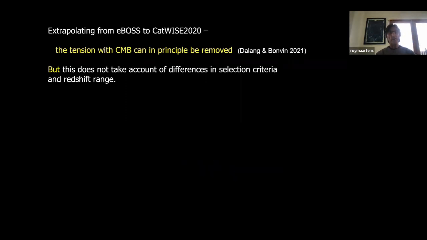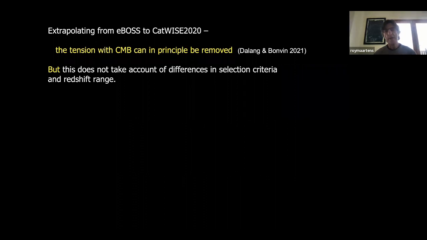If we extrapolate from the eBOSS quasars to the CatWISE 2020 sample, which is much bigger, then the tension with the CMB can in principle be removed, as shown by Dalang and Bonvin. They're not saying that it is removed, they're saying that the fact that you have to actually use redshift dependent quantities and integrate them out gives enough leeway for the tension to disappear.